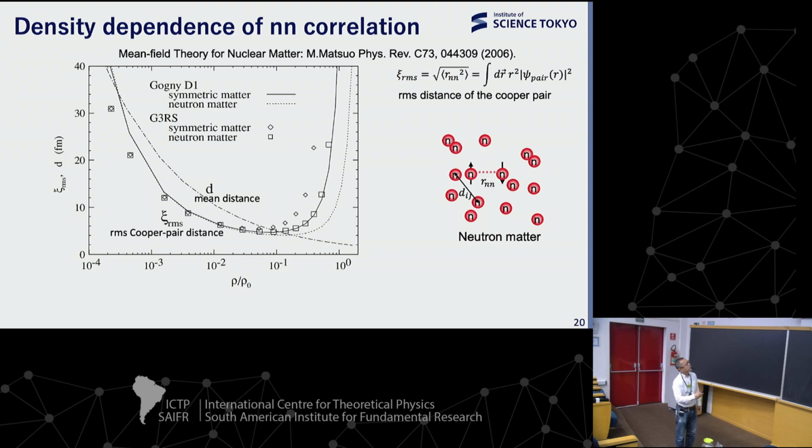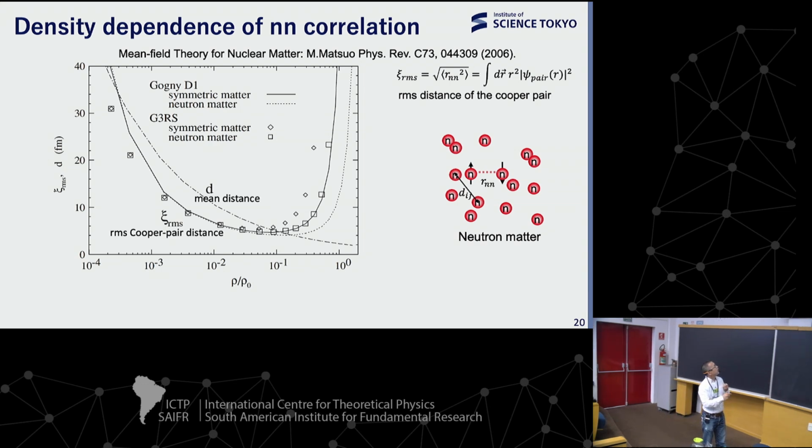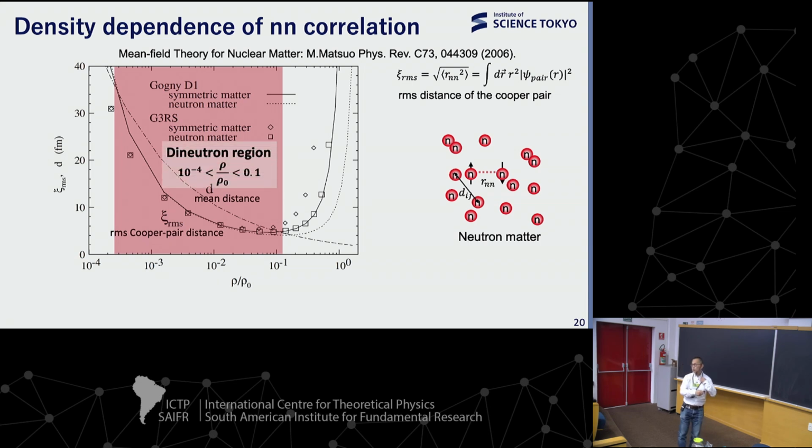And this was a prediction by Matsuo-san about the density dependence. So this is density, and this is the correlation length of two neutrons, Cooper pair, I would say. Xi RMS, and D is the mean distance. If you look at this region, from 10 to the minus 4 to 10% of the nuclear saturation density, then you see D is larger than Xi.